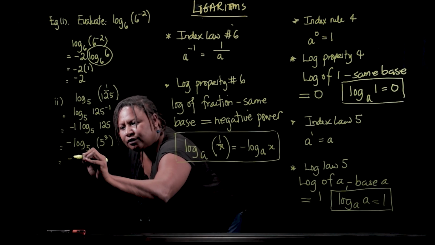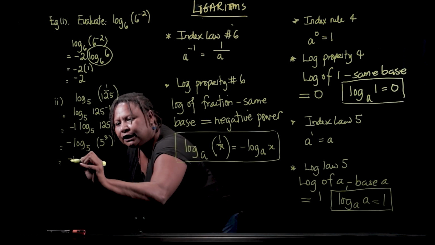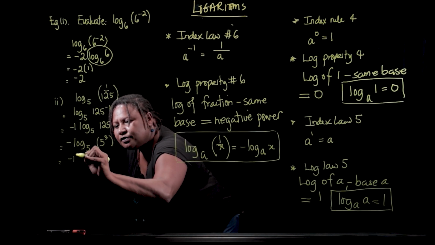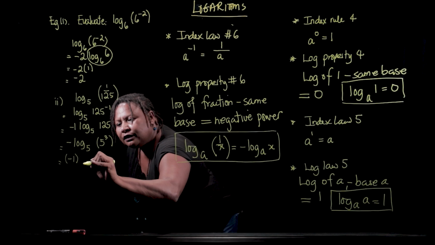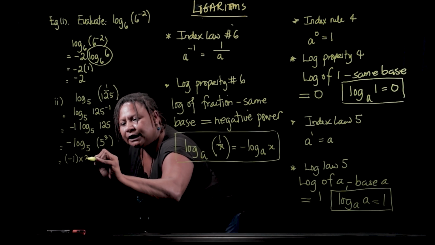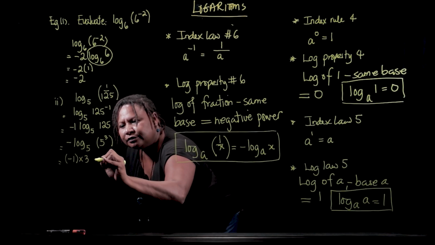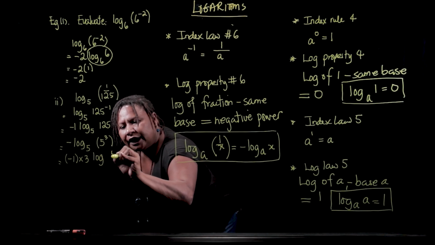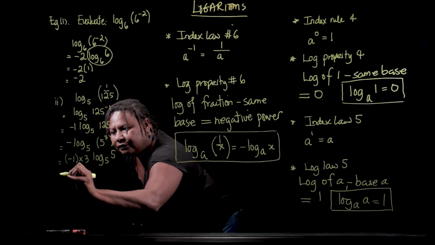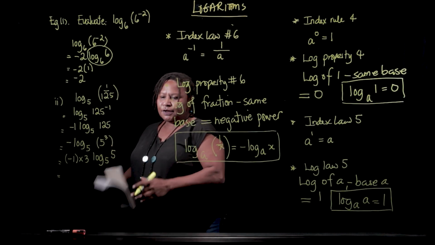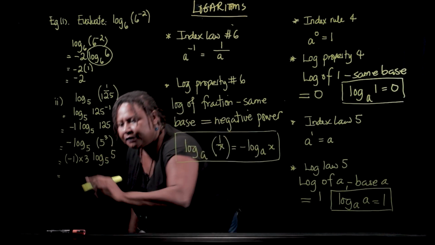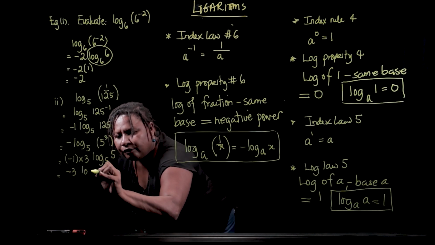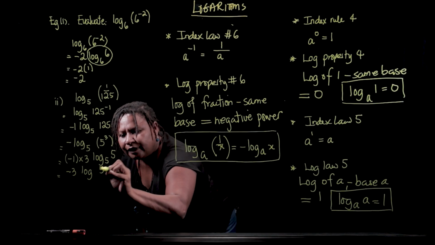So we have negative 1 times 3, and we have log 5 to base 5. Okay, we have negative 3 log 5 to base 5.